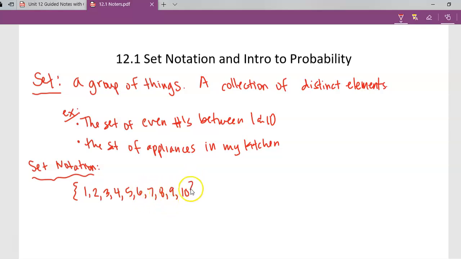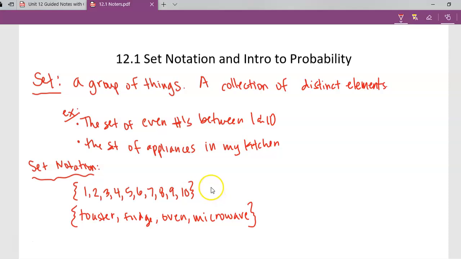If I were doing the set of appliances in my kitchen, I would write down my toaster, my fridge, my oven, my microwave. Of course, I may have more, but I'm just going to stop there. So this is what it looks like to write out a set. You have to use the curly brackets. That's set notation. That means this is a set or collection of things.